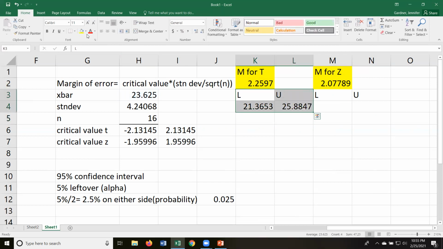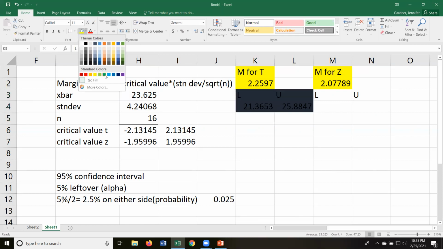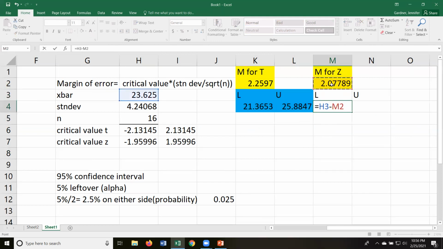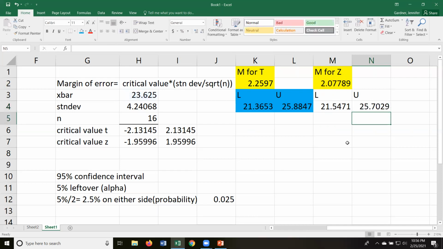And that's my first confidence interval with T distribution. And this one equals X bar minus the margin for error. Every time I'm just hitting enter. Equals X bar plus Z margin for error. And I have a different value set there.